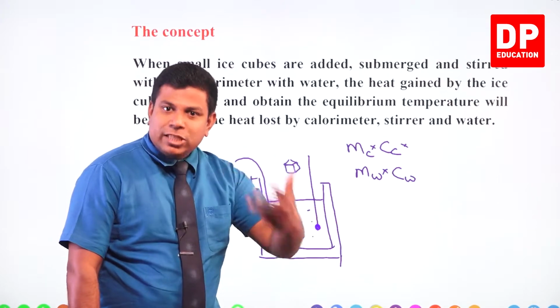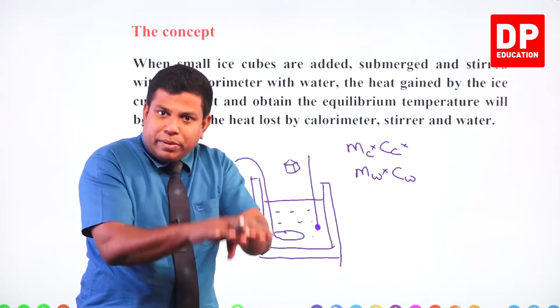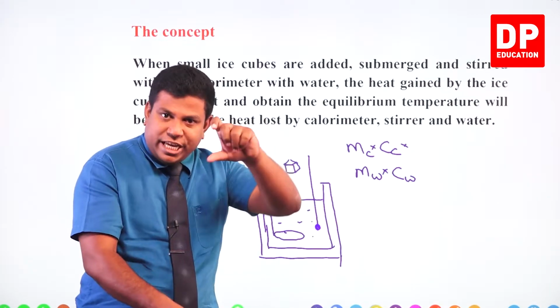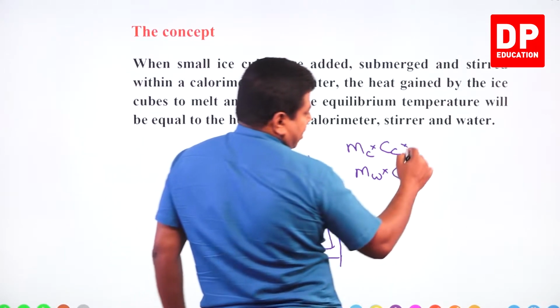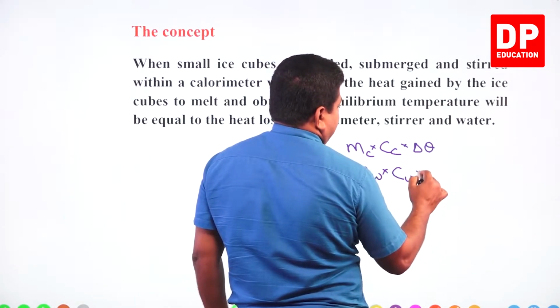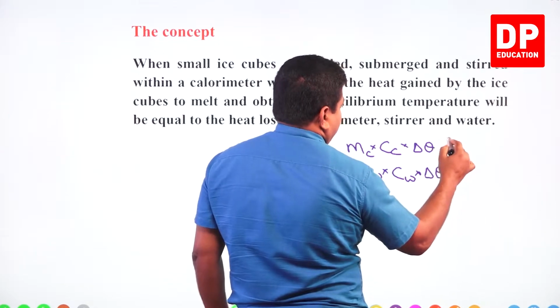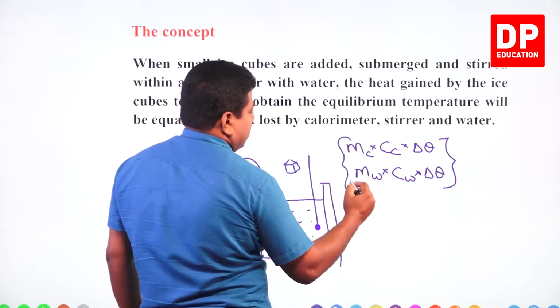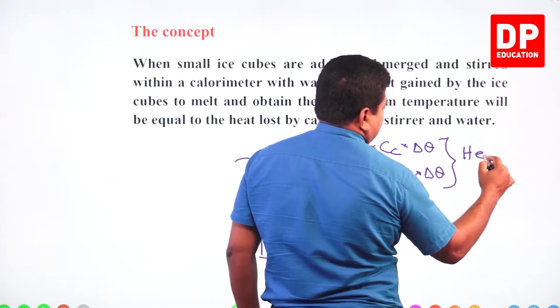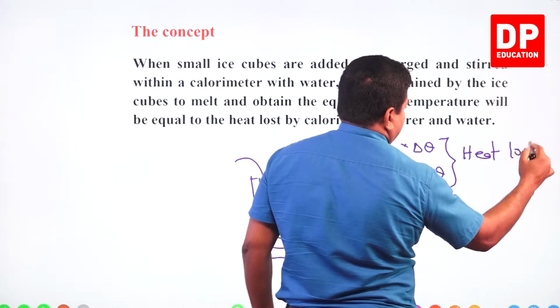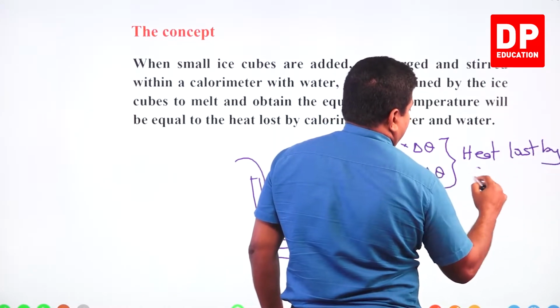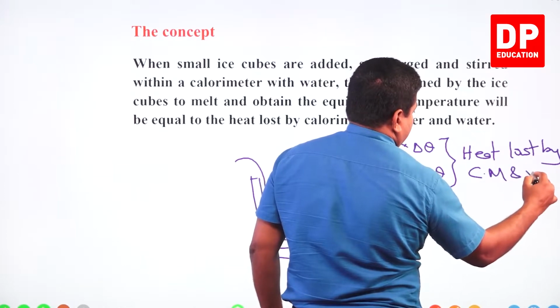You add some ice cubes. Then what happens? The temperature drops. Find the change in temperature, delta theta. This is what? Heat lost by calorimeter and water.